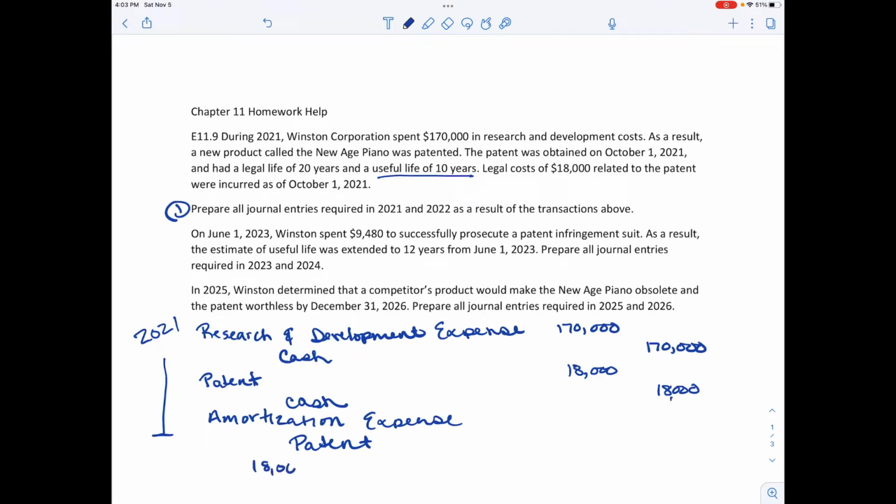So we have $18,000 cost that we're going to amortize over that 10 years. But in year 1 in 2021, remember we obtained it on October 1st. So we are only going to be able to record 3/12 representing those 3 months. So that's going to be $450.